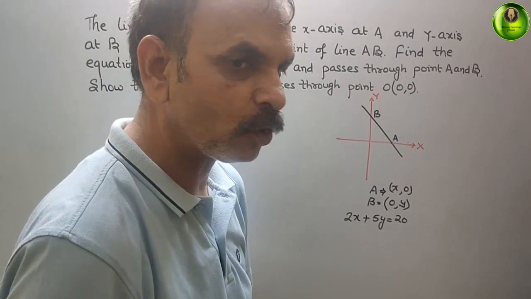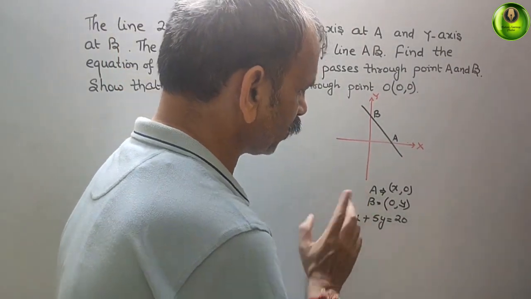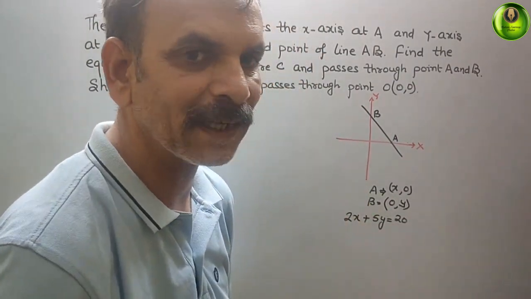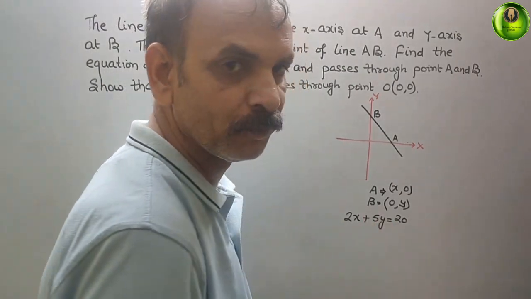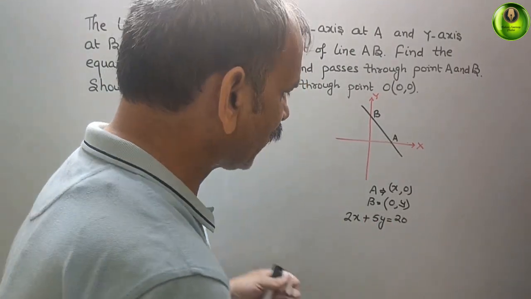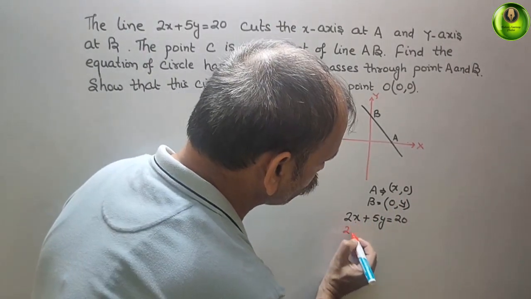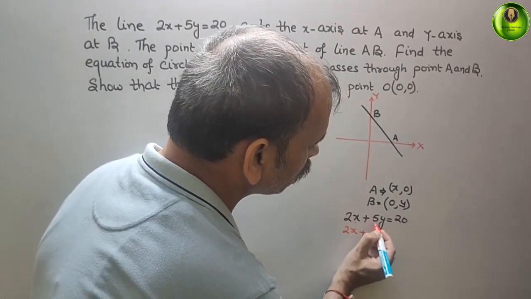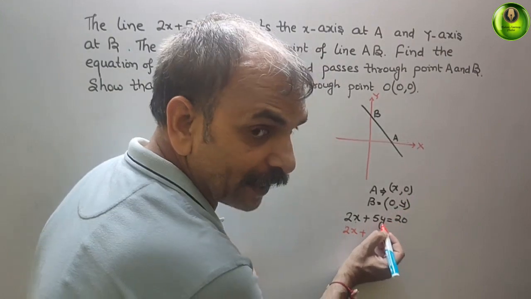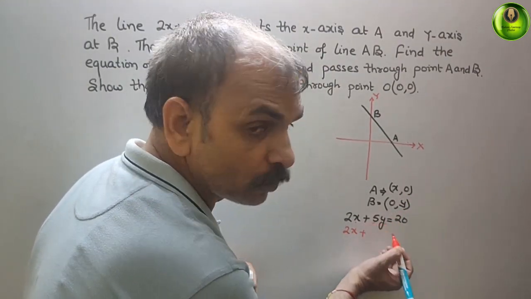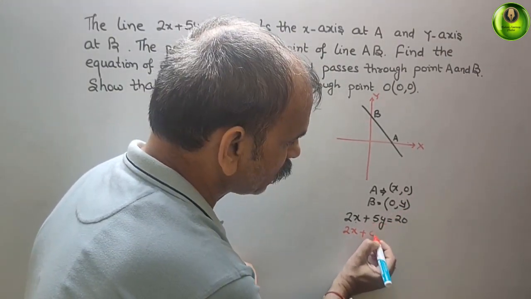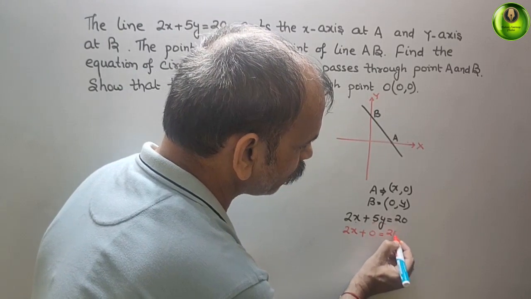So first we will put this value in place of x and y. Here you will get 2x plus, y is 0, that means 5y is 0, equal to 20.